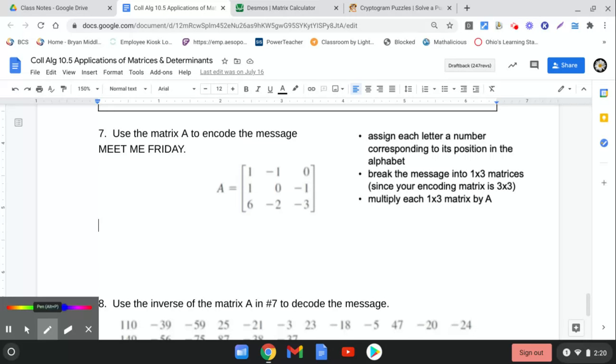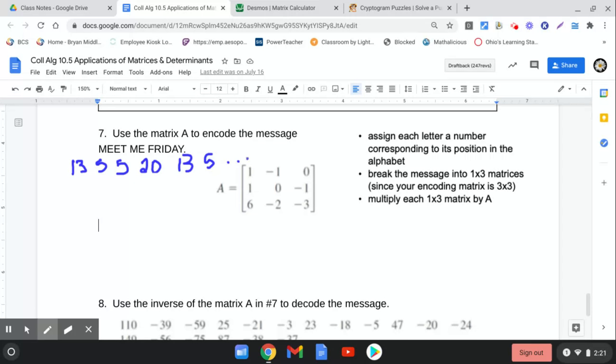There's A, B, C, D, E, F, G, H, I, J, K, L, M. Yeah, it's the 13th letter. So this message becomes 13, 5, 5. T would be the 20th letter. And then M again is 13, and then 5, and then it's going to go on. I'm not going to do Friday.